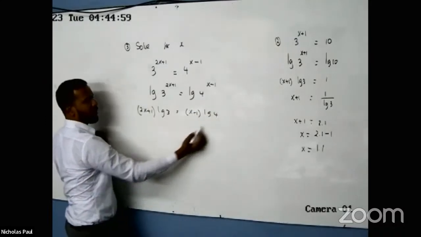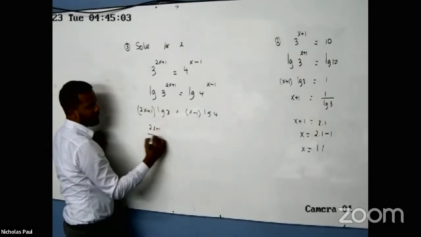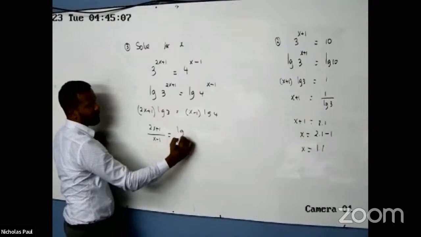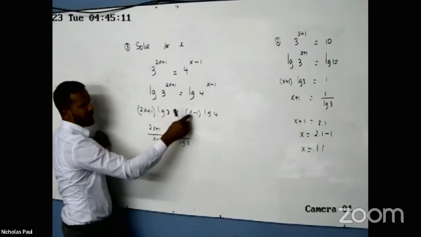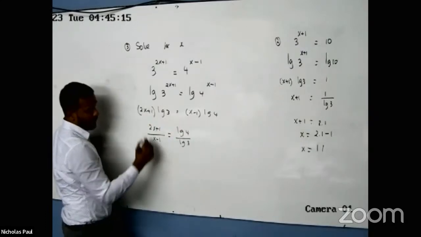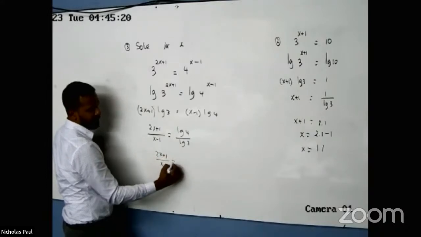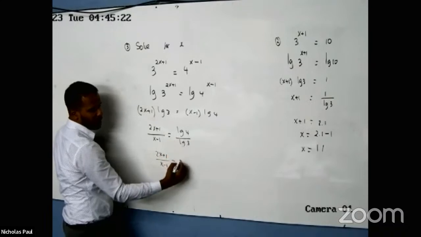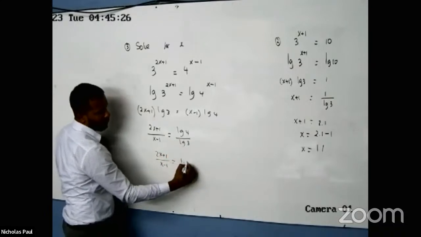Bring log 3 on this side, bring x minus 1 on this side. So you'll get 2x plus 1 over x minus 1 is log 4 over log 3. So you bring this on this side and you bring this on this side, right? And then you'll end up with 2x plus 1 over x minus 1. What's log 4 over log 3 again? 1.26.